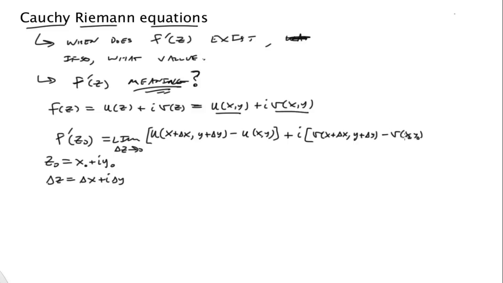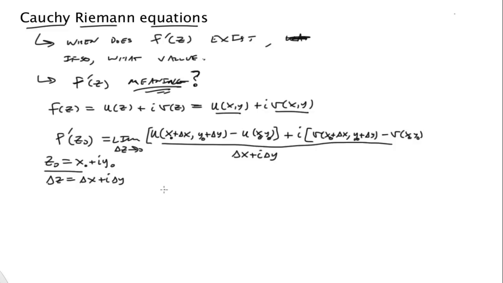Oh, and these are x naught and y naught, right? These are particular values that we're picking. We're fixing our function to take the derivative at a specific value. And then we divide by delta x plus i delta y.